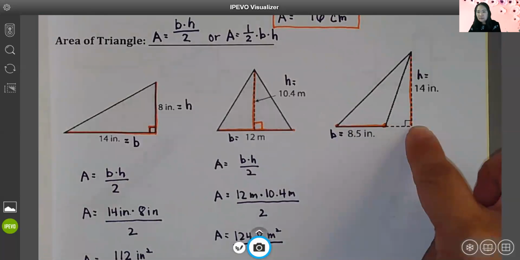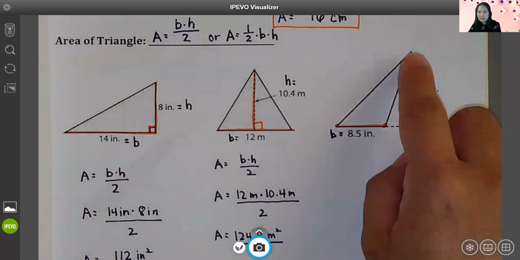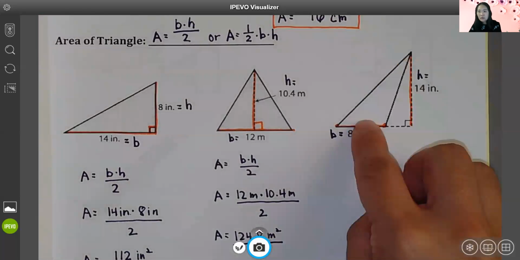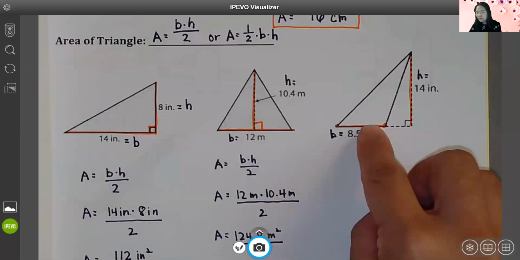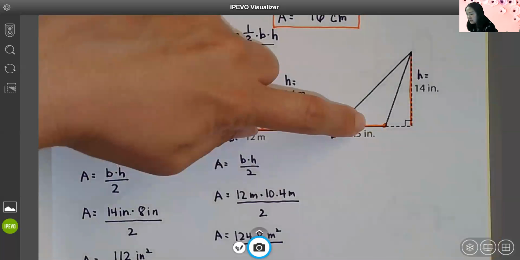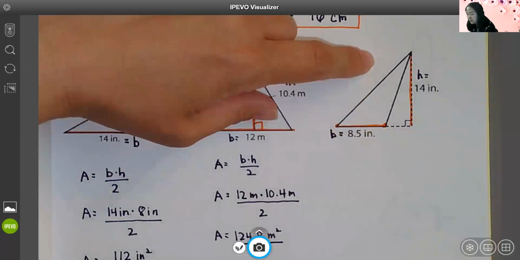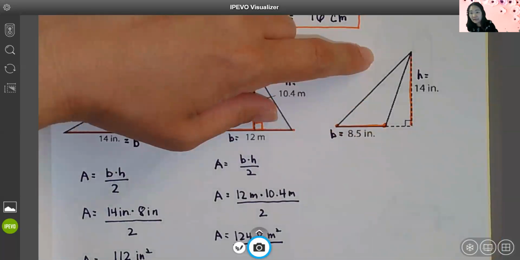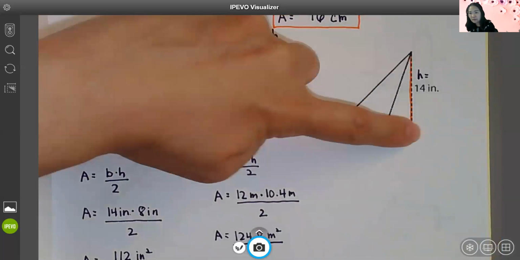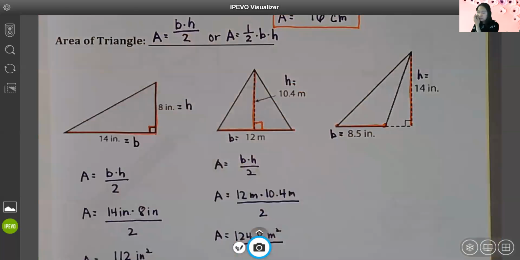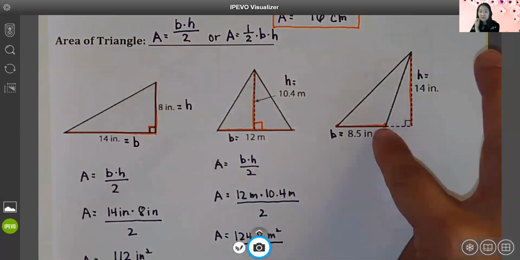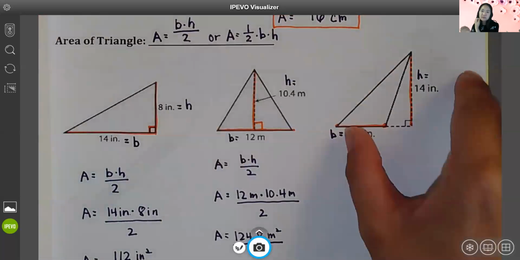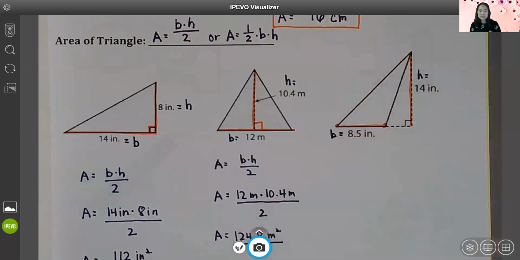Doesn't matter because look, this is the highest point, this is the lowest point. It doesn't matter where you start. Even if you start here, to measure the height, you would have to go 90 degrees up all the way up here, right? Just like right here, okay? So remember, height has to be 90 degrees from the base. So these are the two numbers that you're going to use, okay?